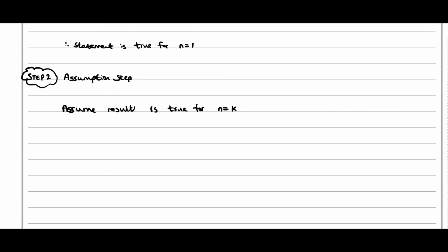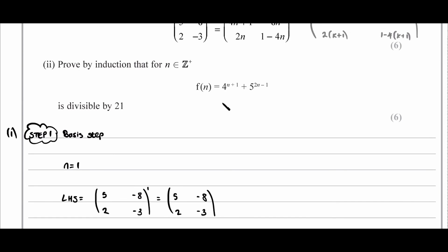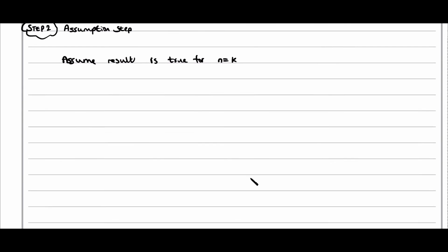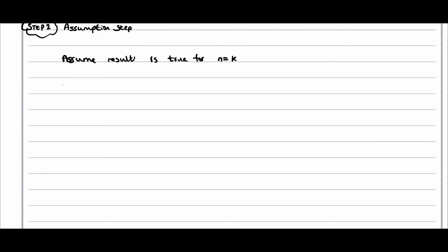In other words, when n equals k, on the left hand side we have the matrix (5, -8; 2, -3) to the power of k. On the other side we have (4k+1, -8k; 2k, 1-4k). Okay, and we might use this result later on.